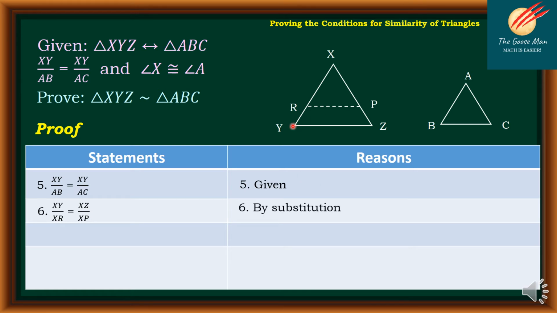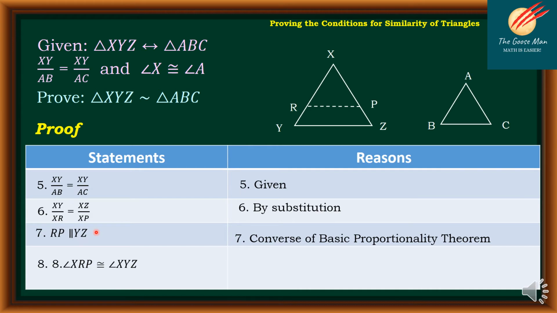So again, this is XY over XR, the same as XZ over XP, by substitution. So we can say that RP is parallel to YZ because of the converse of the basic proportionality theorem.